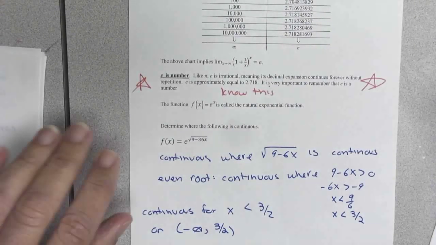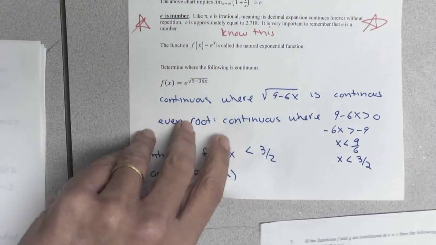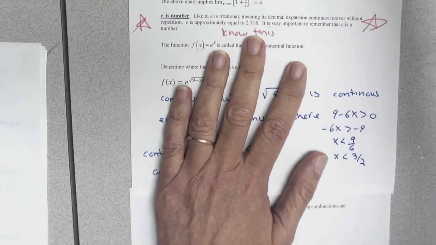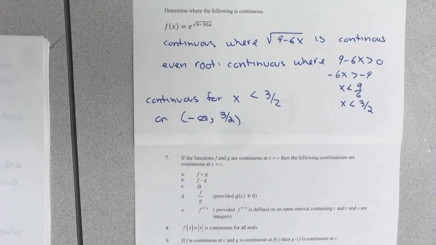Okay, next one. And we're going to run out of rules here soon. Rule 7: if the functions f and g are continuous at x equals c, then the following combinations are continuous at x equals c: f plus g, f minus g, fg, f divided by g, provided that g of c is not 0, and f to the r over s, provided that r over s is defined on an open interval containing c, and r and s are integers.